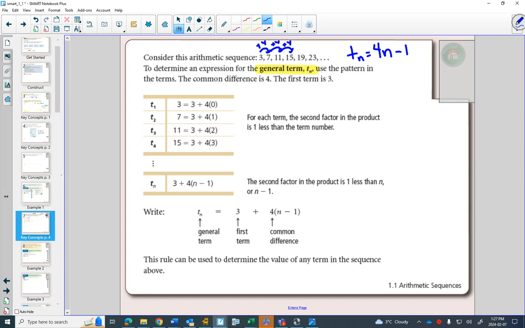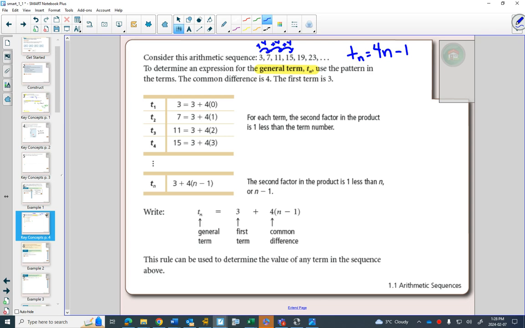What the textbook shows is that if we look at it systematically, term 1 starts at 3, and you don't have to add 4 at all, because you're starting at 3. But when you get to term 2, you're going to add 4 once. When I get to term 3, I'm going to start from 3 and have to add 4 twice.